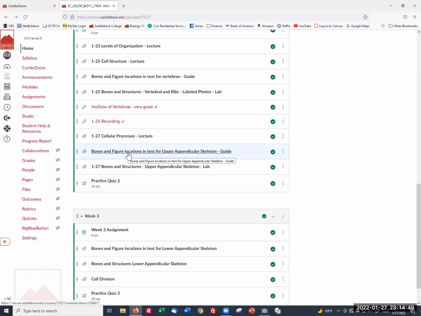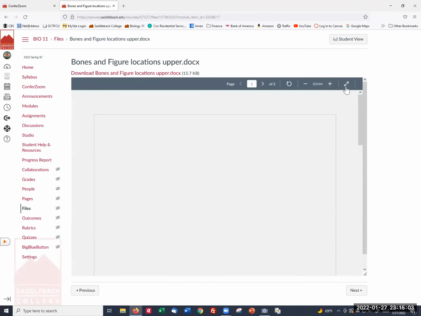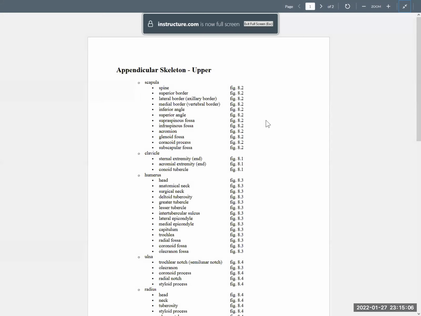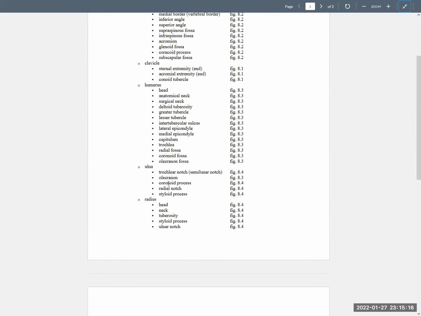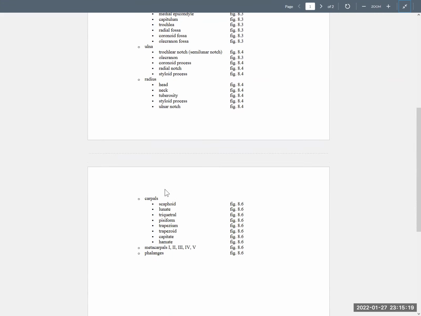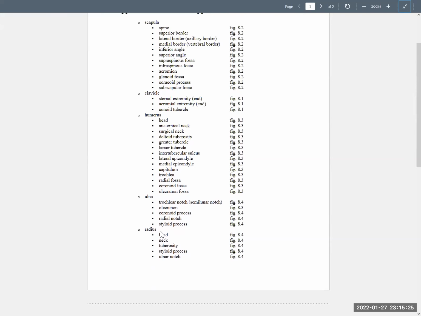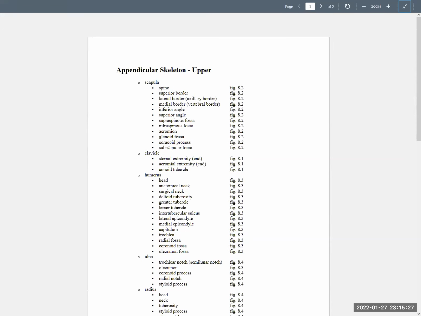Here's the bones and figure locations in the text with the upper appendicular skeleton. This is always nice to have printed for yourself as you're going through the slides. This is a page of items that you're responsible for. I got this right off of the website that I showed, Charlie's website.